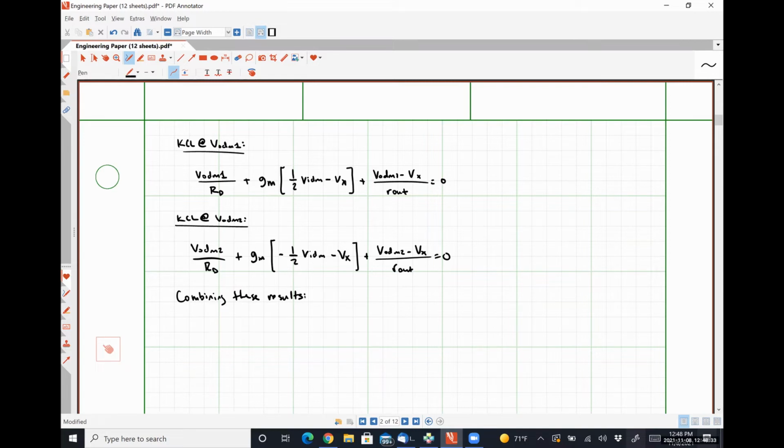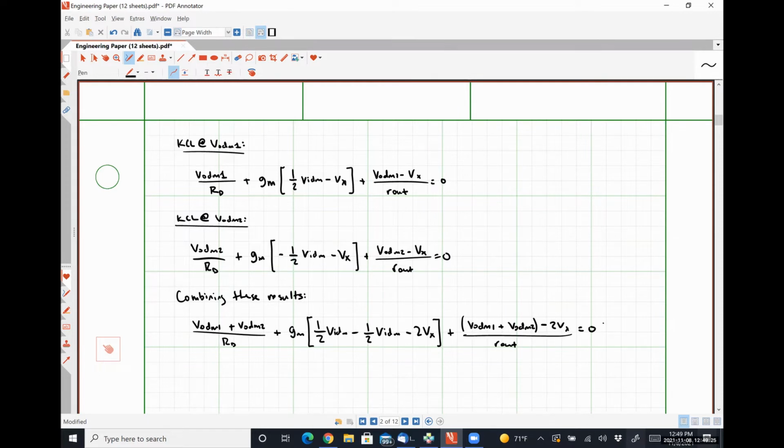And I get (VODM1 plus VODM2) divided by RD plus GM times (1/2 VIDM minus 1/2 VIDM minus twice VX) plus (VODM1 plus VODM2 minus twice VX) all over R out is equal to 0.